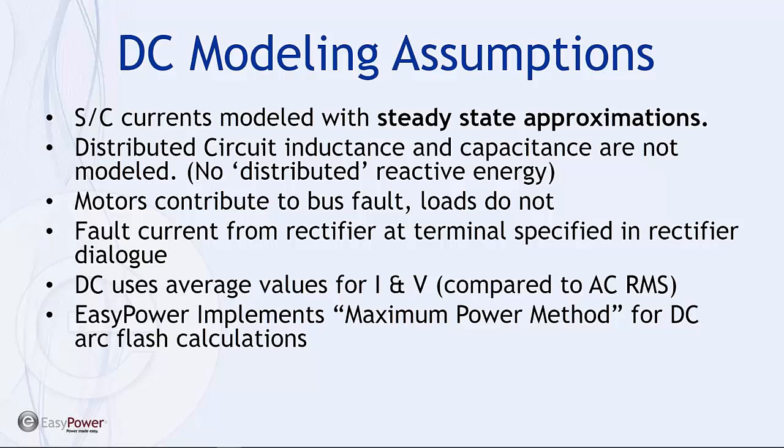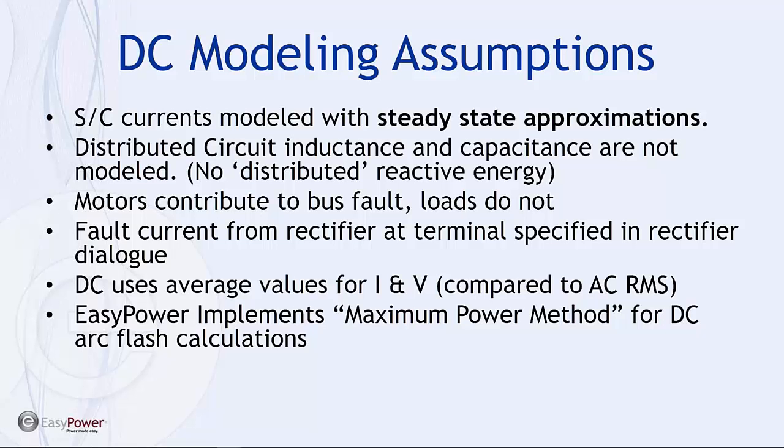Another modeling assumption that we utilize is that fault current from a rectifier at the terminal specified is something that you have to specify in the dialog box, and we'll touch on that briefly. There are DC average values for both current and voltage as compared to the AC RMS values, and so there's some relationship, and based upon that we're going to share what those assumptions are.